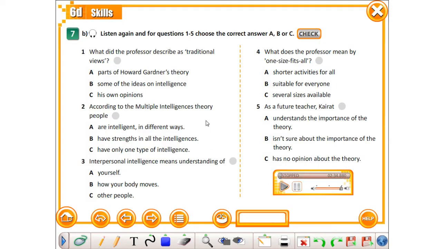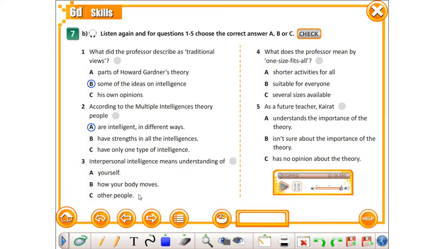Let's check. First question, what did the professor describe as traditional views? Correct answer B. The second question, according to the multiple intelligence theory, people. Correct answer A, are intelligent in different ways. The third question, interpersonal intelligence means understanding of.